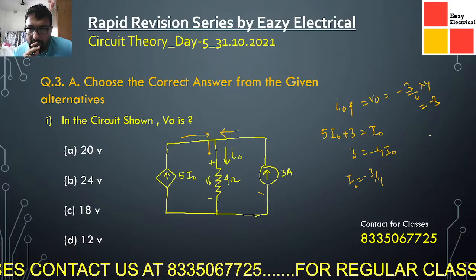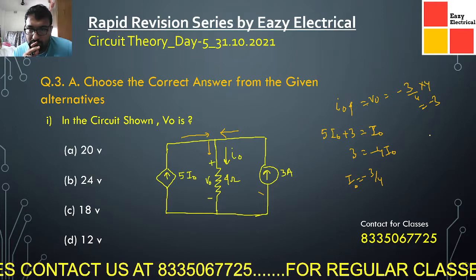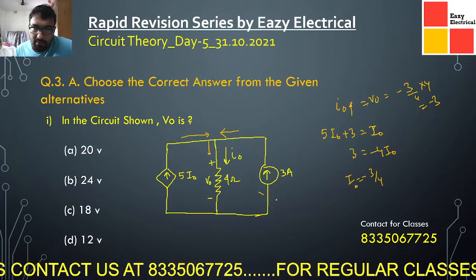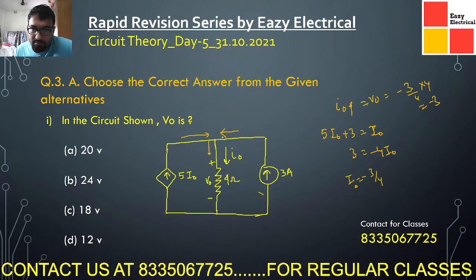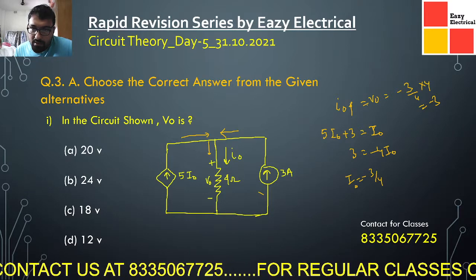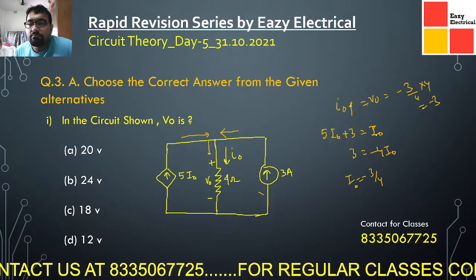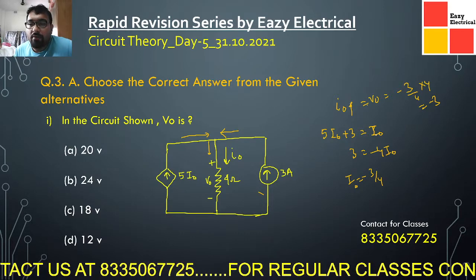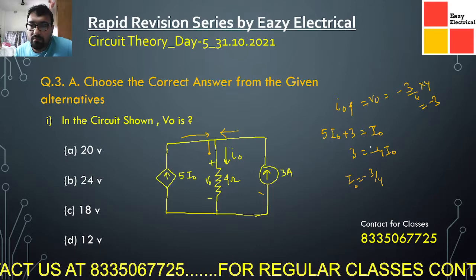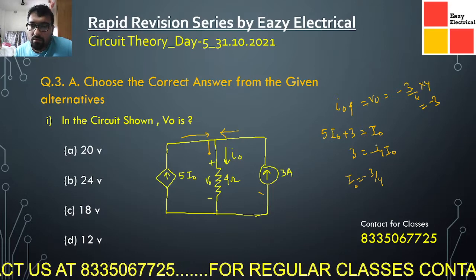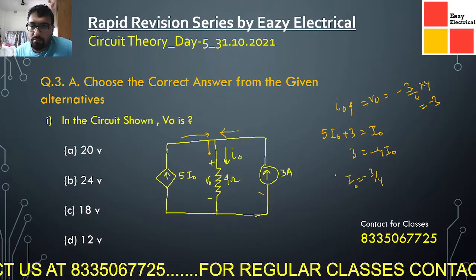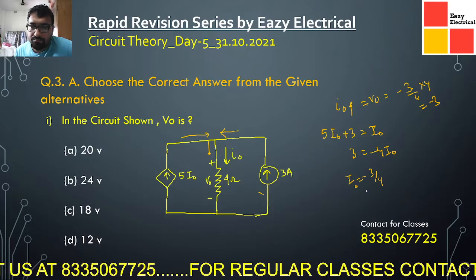So 5 I naught plus 3 will give you I naught. So this I naught will be 4 I naught minus 4 I naught is equal to 3. So this will be 4. I naught equal to 3 by 4.